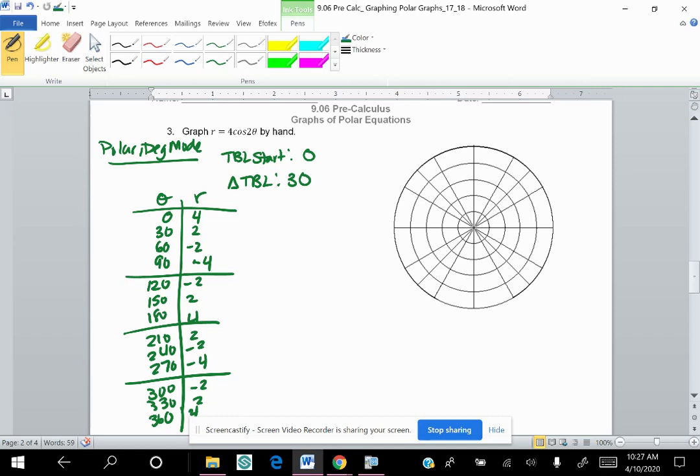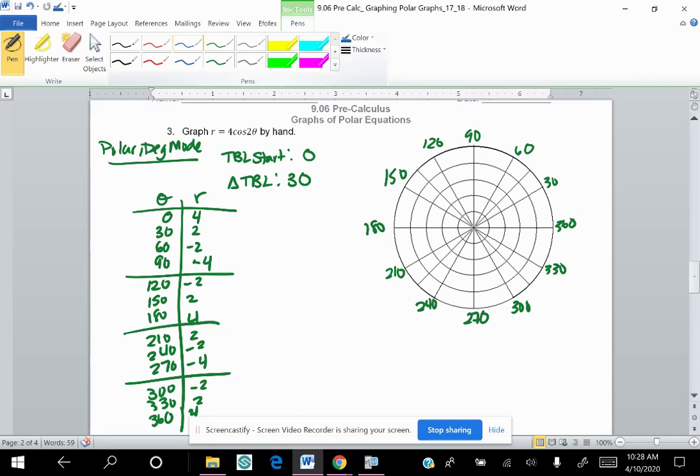And then we're just going to graph them. So again, you've got your 30. If it helps you to write in these angles, go ahead and do that. If you don't feel like you need to write in the angles, then that's not necessary. We know from this graph how it's set up, 330, 360, at least if you maybe just label the 30 degrees and the 60, that first quadrant, we'll know what we're counting by.